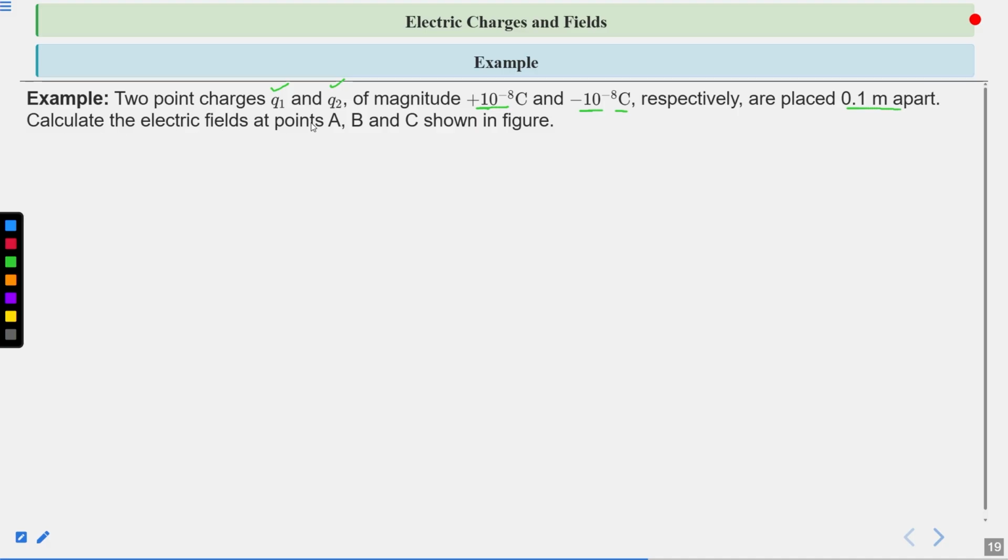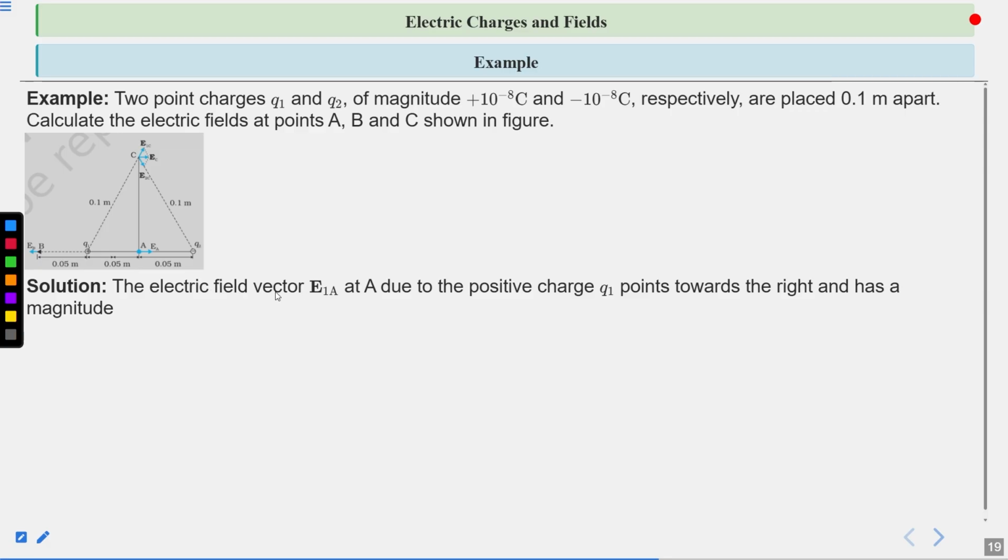Calculate the electric fields at points A, B and C shown in the figure. Look here, point A is this one, and this is point C and point B. So here we have to find out the electric fields.